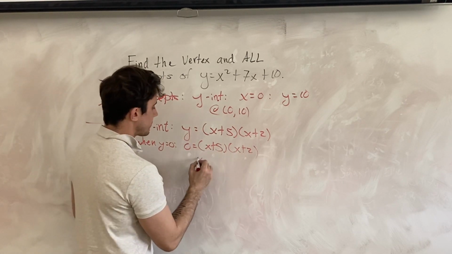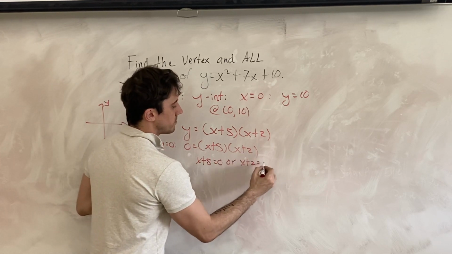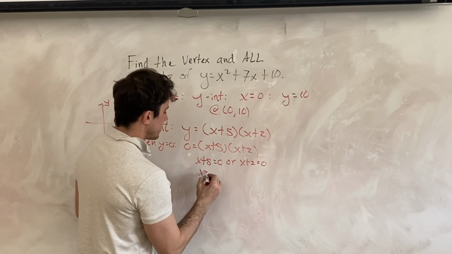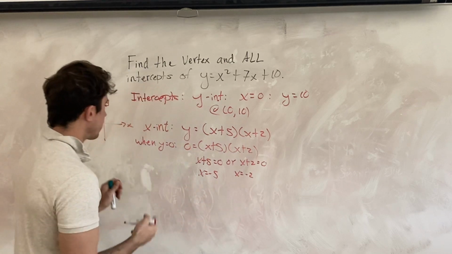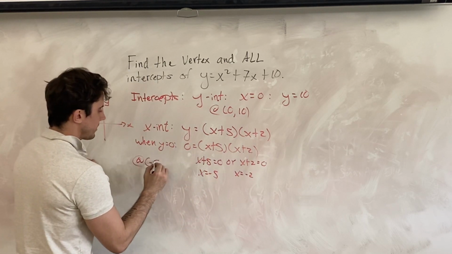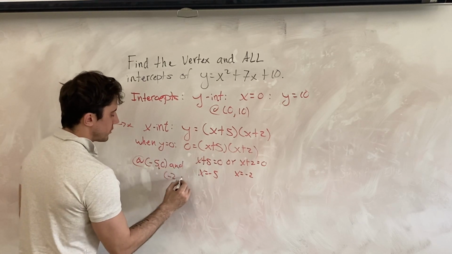So either x plus 5 is equal to 0, or x plus 2 is equal to 0. That's the only way this can work. And so x is negative 5, and x is negative 2. So our two x-intercepts are negative 5, 0, and negative 2, 0.